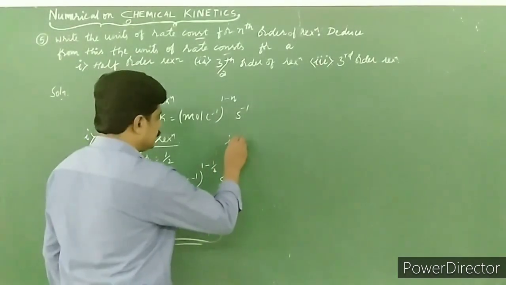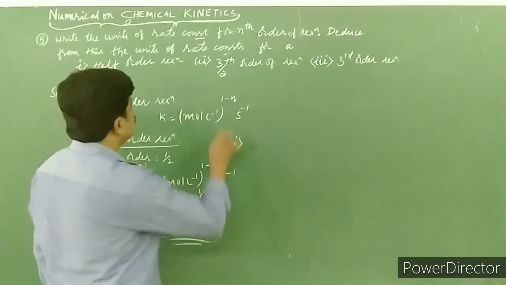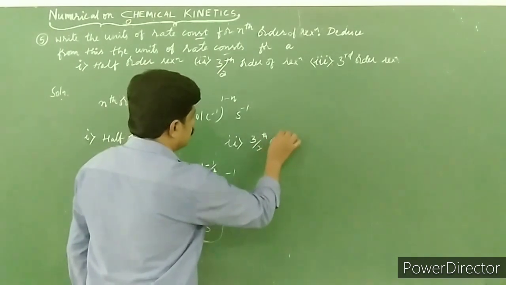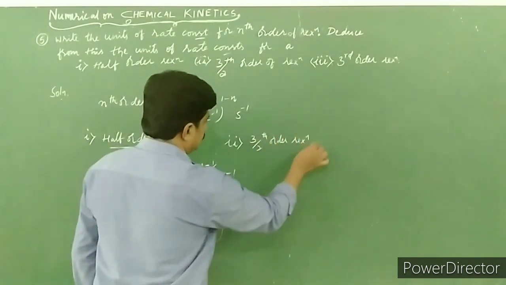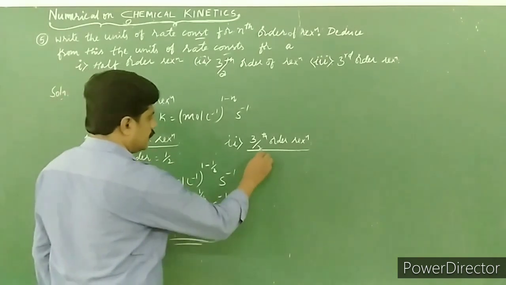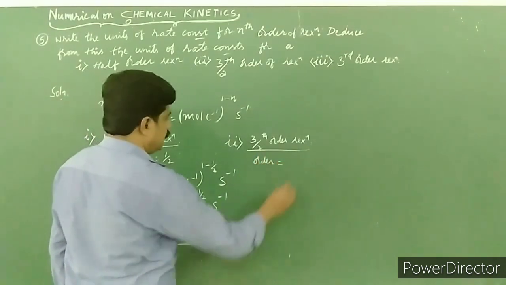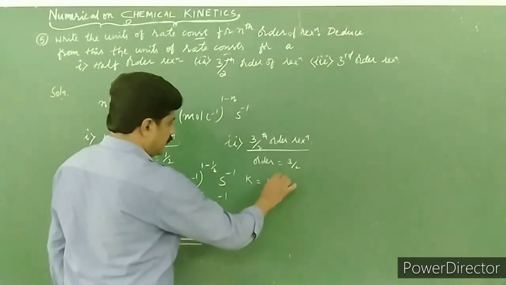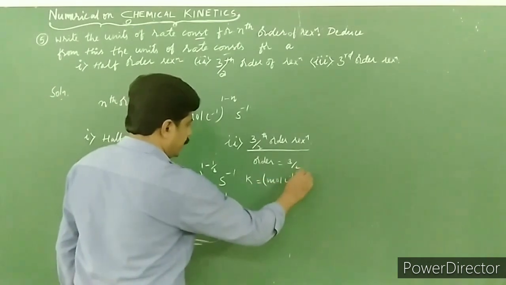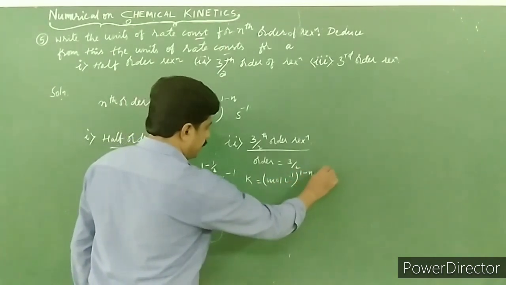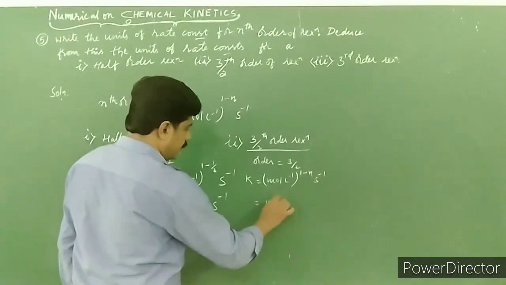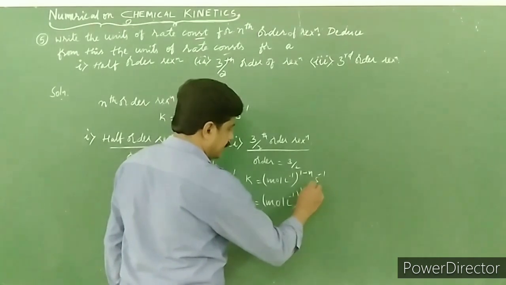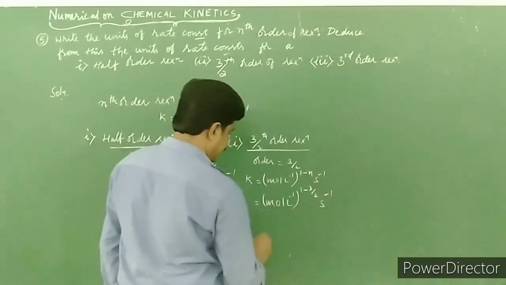Now second one, look at here, for 3 by 2. Now how do I write? So order is equal to 3 by 2. In that case, K is equal to mole per liter raised to 1 minus n per second. Is it not? Mole per liter raised to 1 minus 3 by 2 per second.